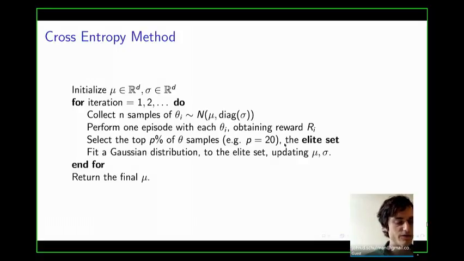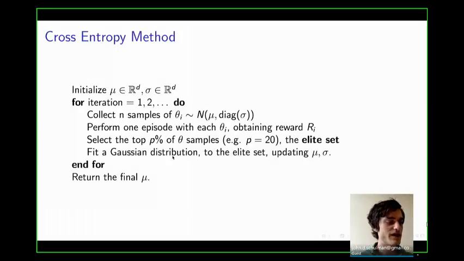If you are familiar with evolutionary algorithms, this will be a kind of familiar structure where you have a certain population which is defined by a Gaussian distribution, and then you pick the members of the population that have highest fitness, and you fit a new distribution to those highly fit members of the population, and then you repeat the process again.